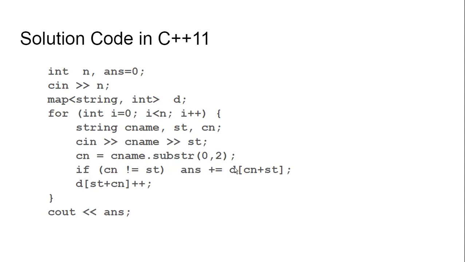This will give you the value corresponding to this key in the map. If no value is assigned, the default value will be used, and in the case of an integer, the default value is 0. So this does exactly what we wanted to do. When we do this lookup, if the key does not exist, this will just give us a value of 0.